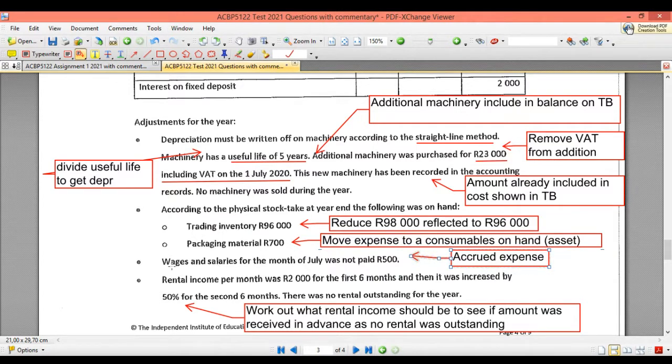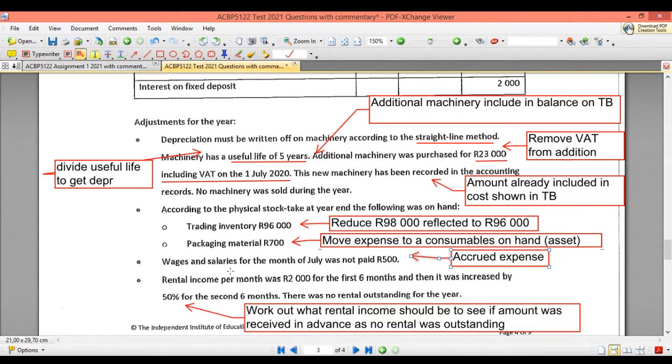Okay, let's quickly read the wages and salary and the rental income, then we can do all of them at the same time. So for wages and salary, the month of July was not paid. Now, because it was not paid, it is not in your salary journal, so it means we have not shown that expense in our books, which means we need to accrue for that expense.